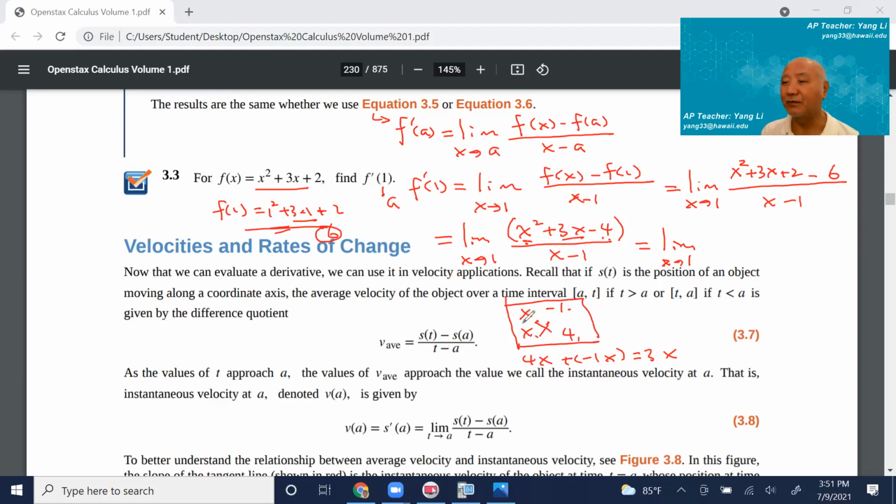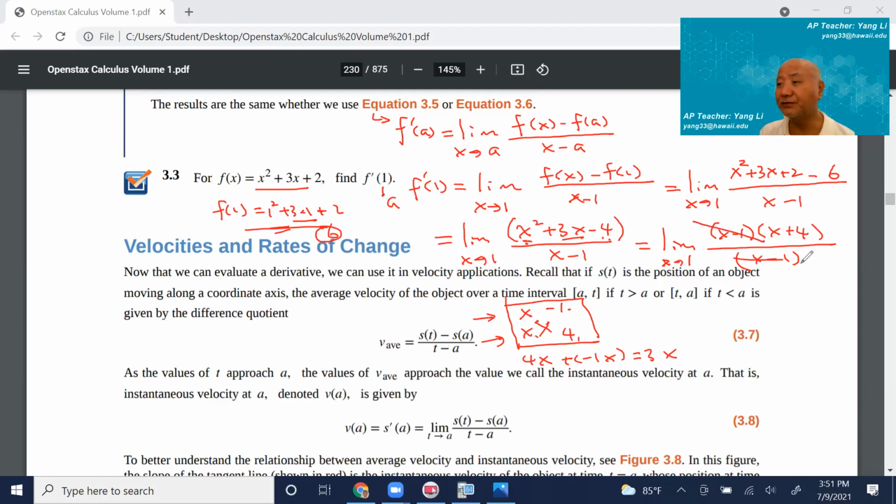Okay? So from here, you can write it horizontally like this. The original trinomial, you can factor it as (x minus 1)(x plus 4) over x minus 1 at the bottom. You see here? Right now, the discontinuity can be removable, right?